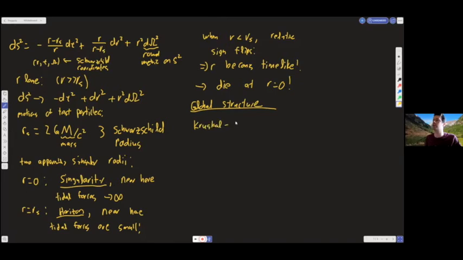I think actually sometimes I'm going to butcher this name, but something like that maybe. I can never remember this guy's name. If there are any people with the appropriate cultural background, they can tell me how to say this name or how to spell it. So we want to introduce these Kruskal-Szekeres coordinates.